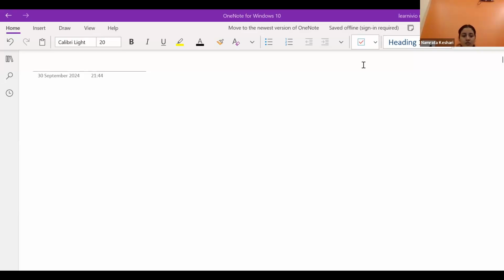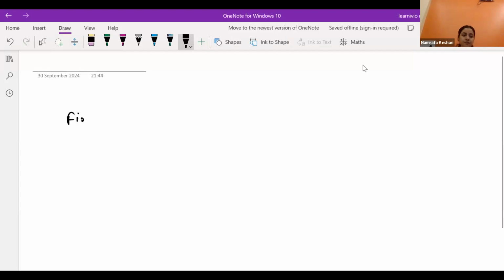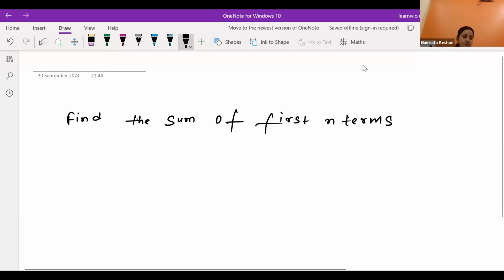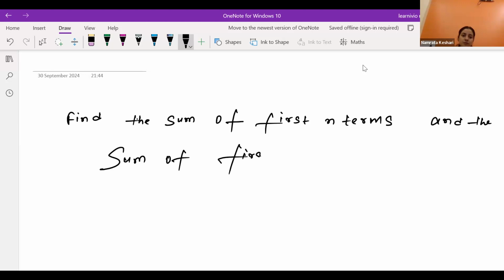So the first question is: find the sum of the first n terms and the sum of the first 5 terms of the geometric series.